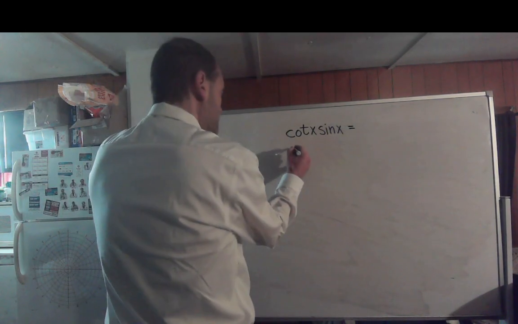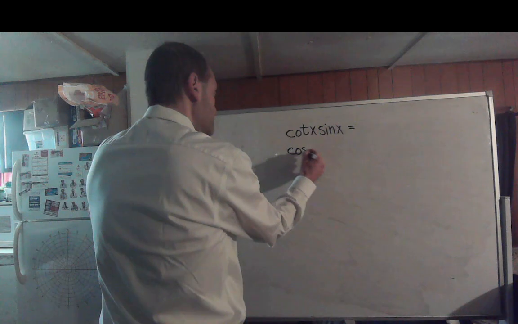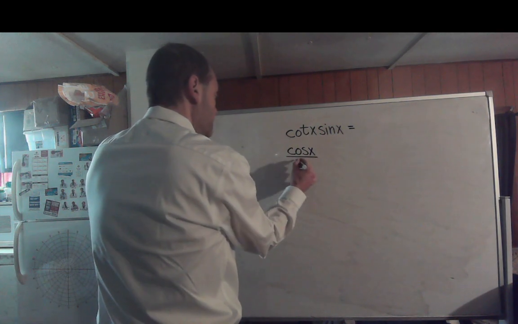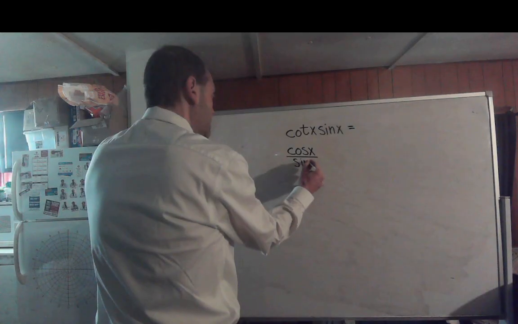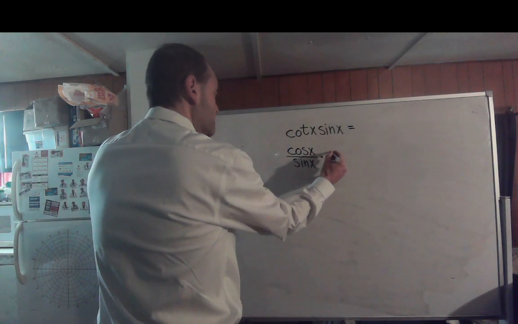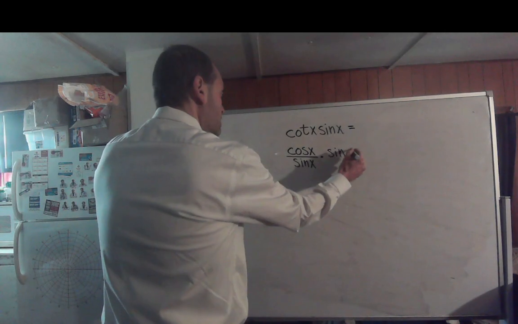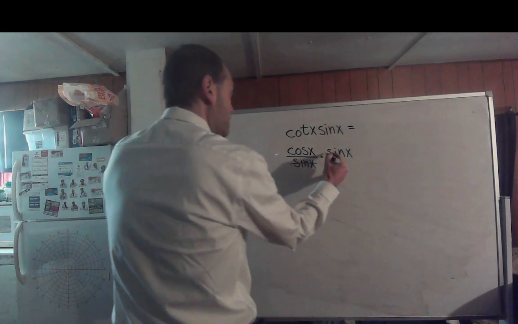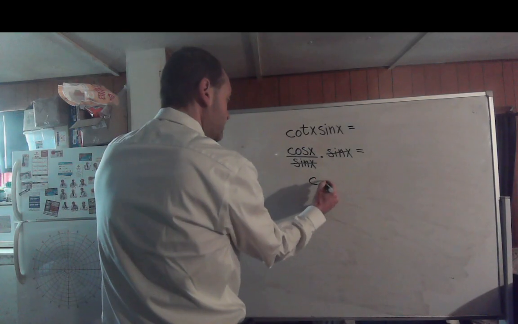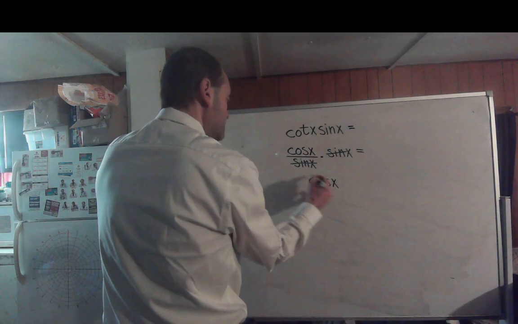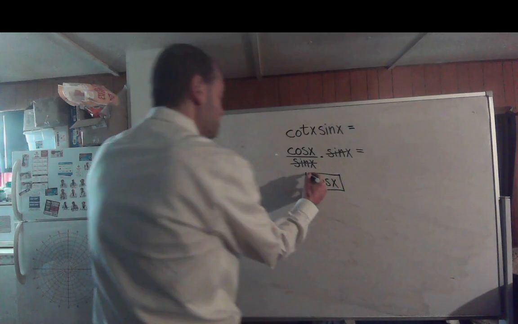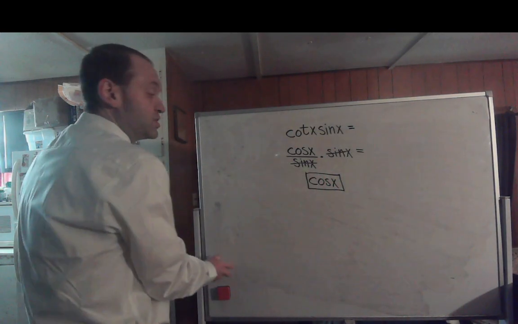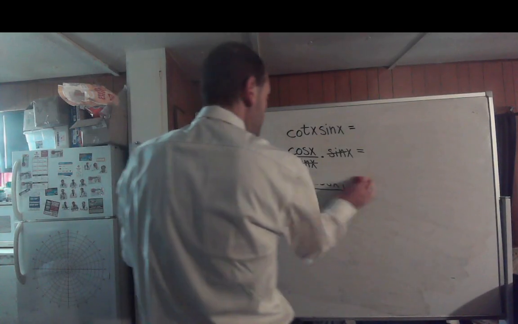That's the same as the cosine of x over the sine of x, and then you have that times the sine of x. When you do that, your sines will cancel out and you're just left with the cosine of x. So this simplifies very nicely into the cosine of x.